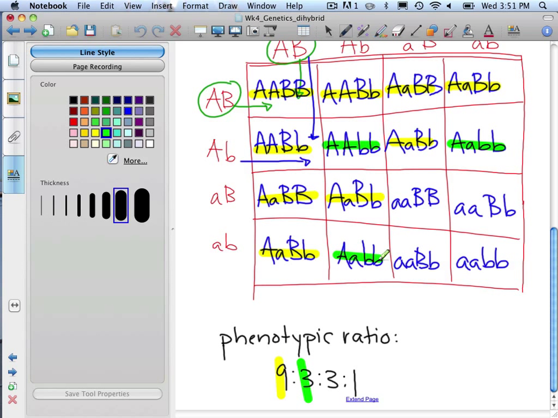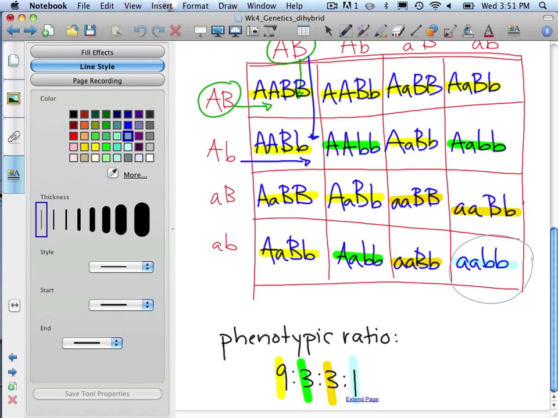And now the other 3 is for traits that are recessive for color but dominant for texture. And those are all the ones with big B's but little a's. So these 3 right here. And hopefully what you see is that leaves only 1 out of 16 homozygous recessive for both traits.